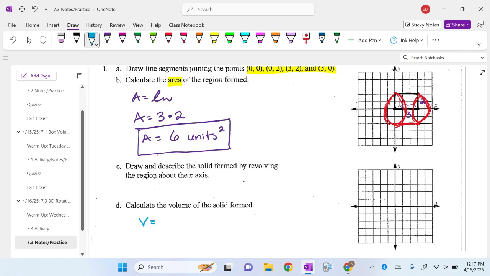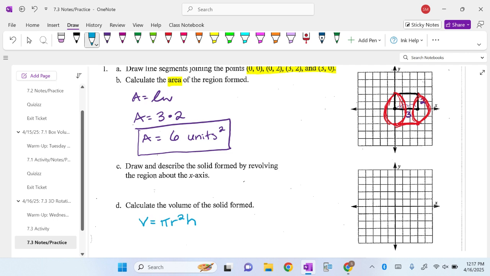From yesterday? Landon, what you got? Right. So it's basically the area of a circle, which is pi r squared, with the addition of height. So pi r squared times height.